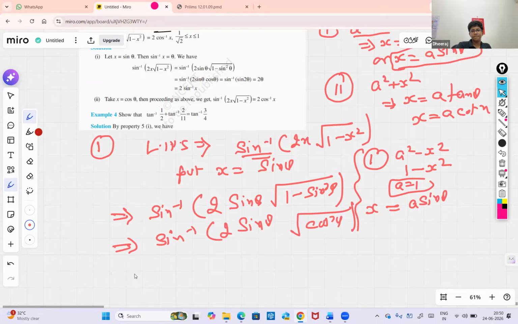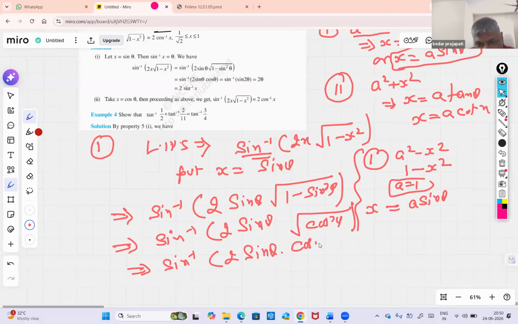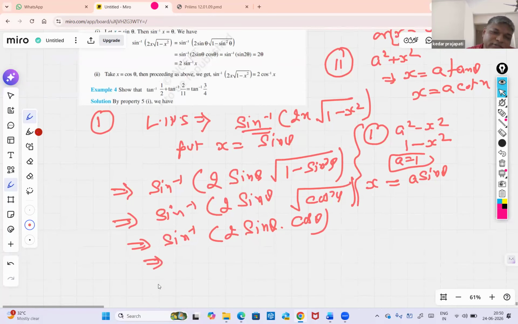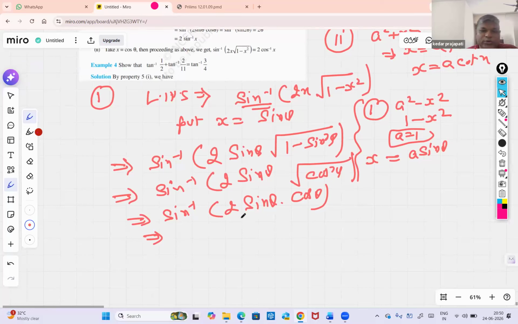So what is this? Sin inverse of 2 sin theta into cos square theta. If it comes out of the root, what will happen? It will become cos theta. Now, can we write 2 sin theta cos theta equal to sin 2 theta?